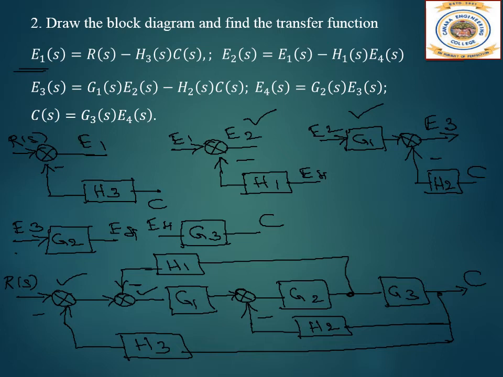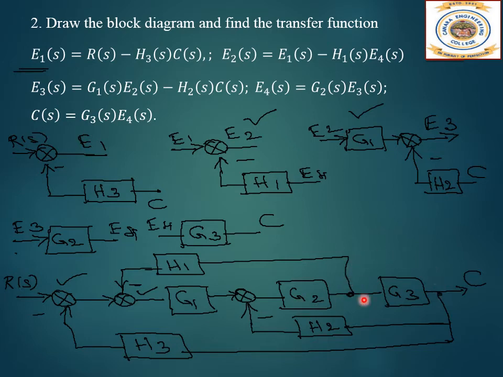So simplification, how do we do the simplification? See here, we'll just analyze the block diagram first. So what we will do over here is directly series or parallel we don't have. So we will shift this takeoff point after the block G3.